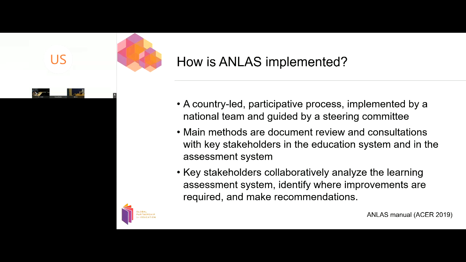So these stakeholder consultations and stakeholder involvement are key for the success of ANLAS. It's beneficial for the uptake of the recommendations to feed into the wider education sector planning process, and an important quality assurance mechanism as well in order to triangulate the information that's gathered and for reaching a consensus about the evaluation categories and recommendations for improvement.